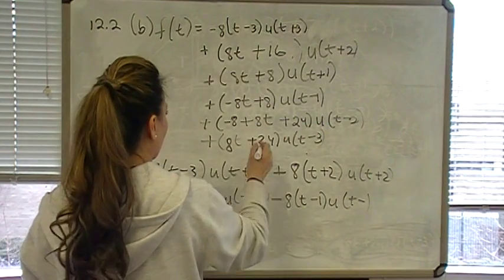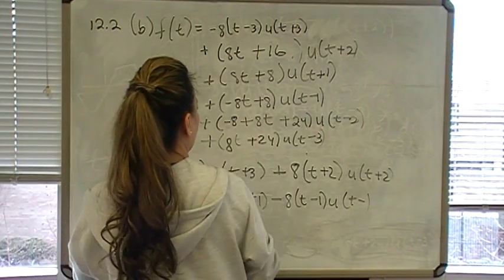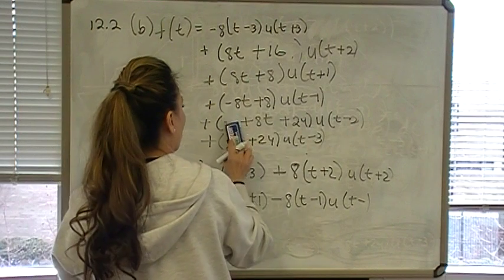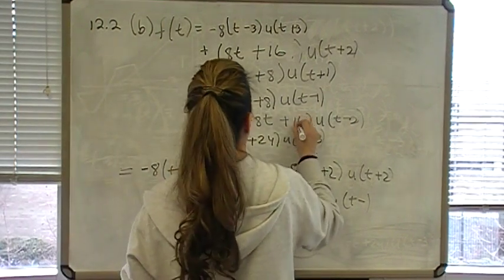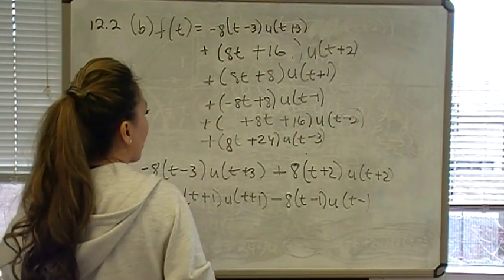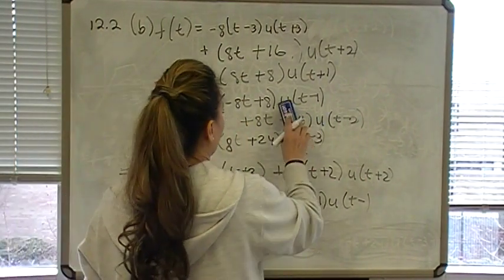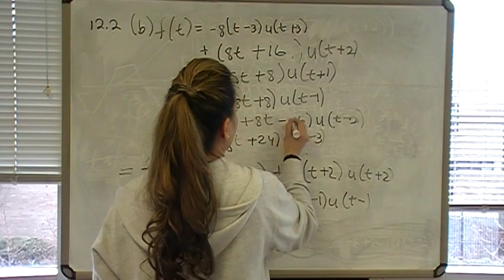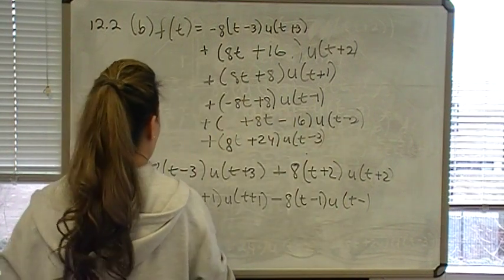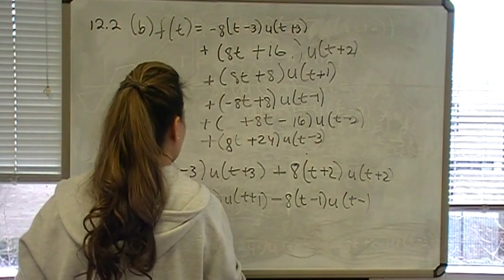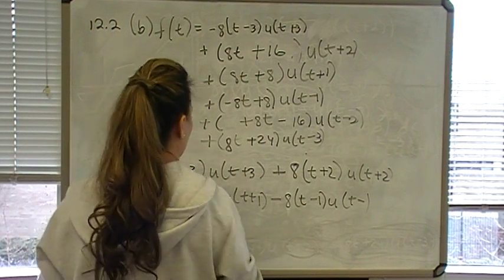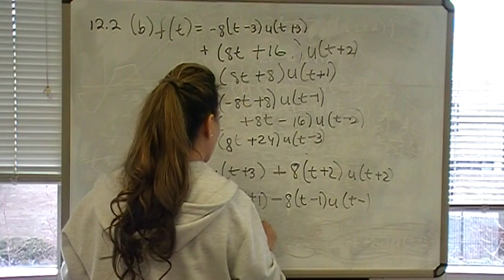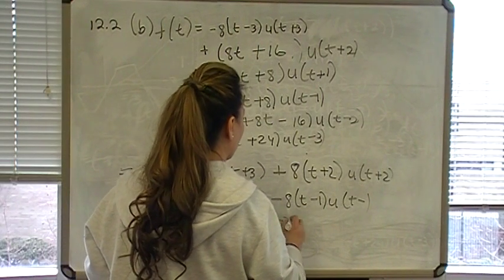And here, negative 8 plus 24 is positive 16. And I have a sign error somewhere because this is a symmetric function. So this should be 8 times t minus 2 times u of t minus 2.